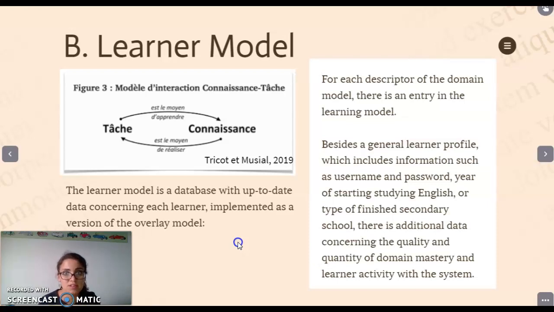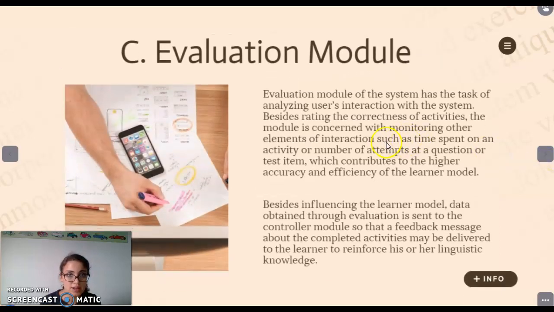Before the learner model, we have to describe the domain model and now who the learner is. Besides a general learner profile, which includes information such as username and password, year of starting studies, English, or type of finished secondary school, there is additional data concerning the quality and quantity of domain mastery and learner activity with this system.